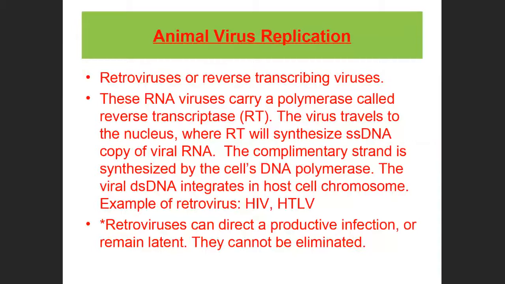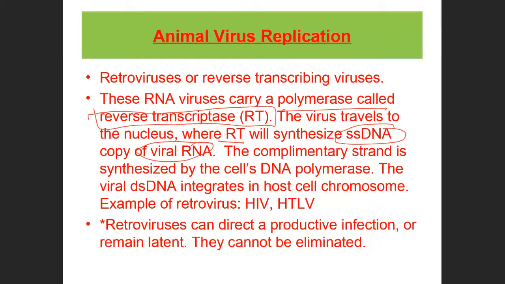Retroviruses, or reverse transcribing viruses, carry a polymerase called reverse transcriptase, or RT. The virus travels to the nucleus, where the reverse transcriptase will synthesize a DNA copy of the viral RNA.